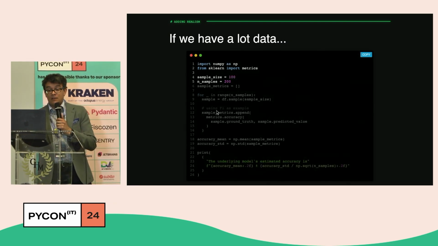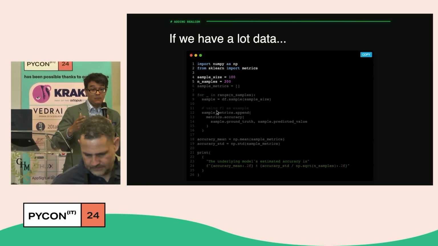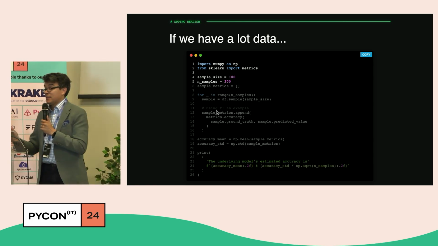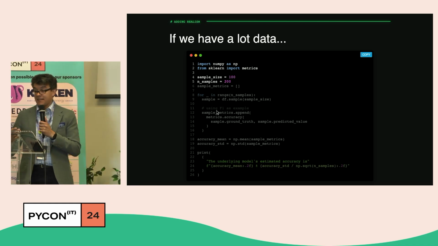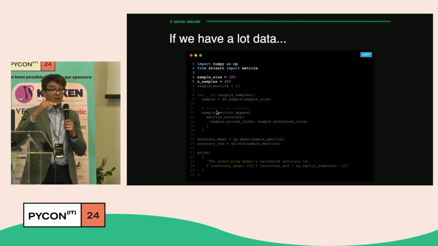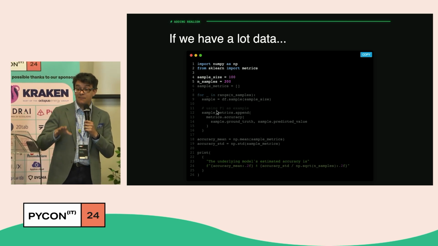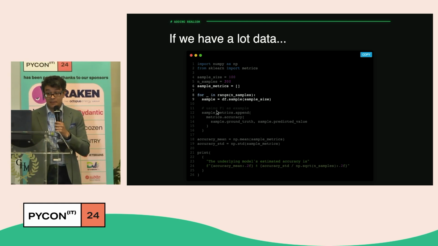Well, if we have enough data, suppose that we have hundreds of thousands of data points, what we can do is, in this case, for example, take 200 samples of 100 points each from the underlying distribution, and these samples are supposed to be random.